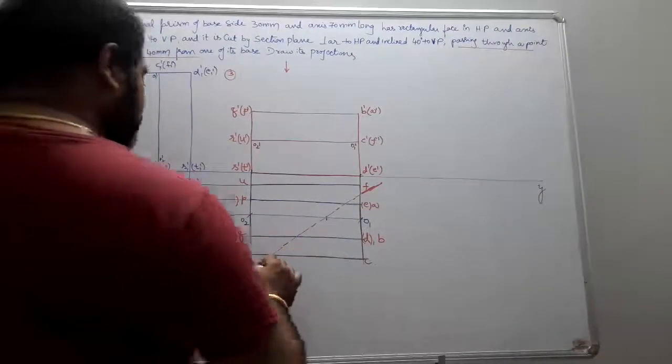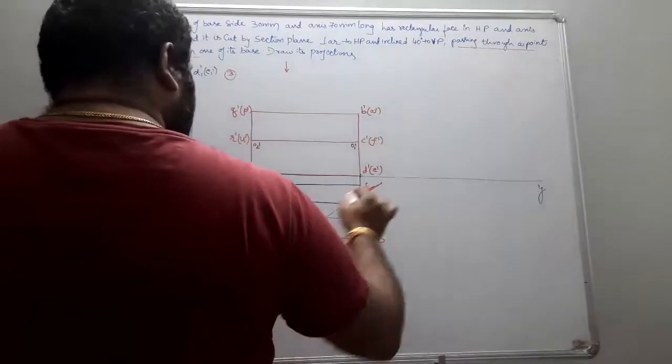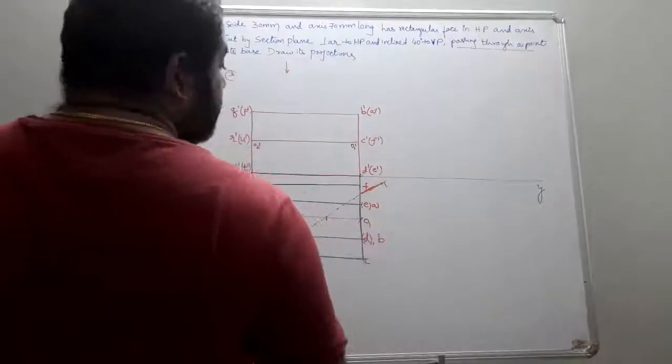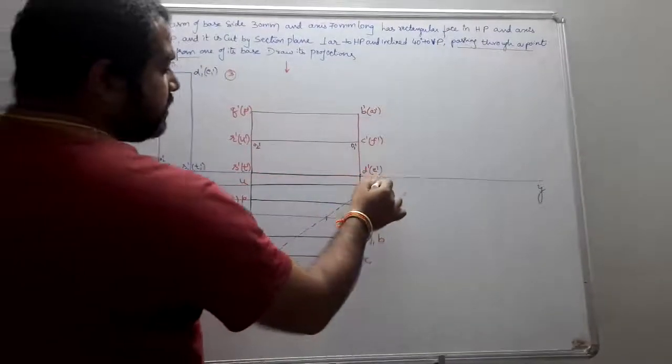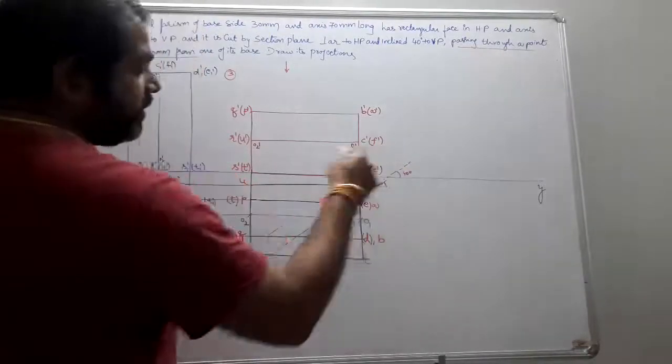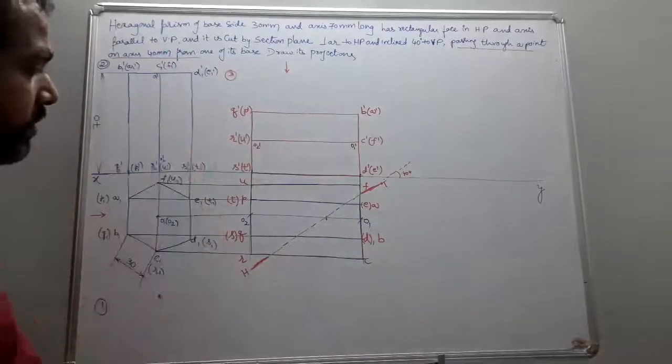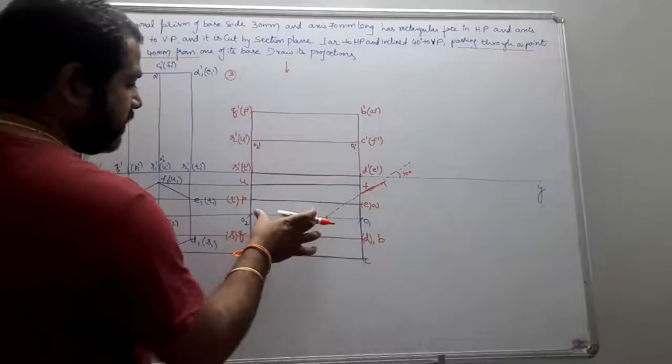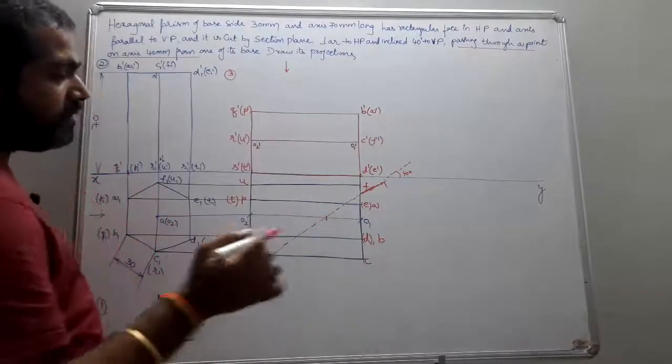So this I just represent as HT. This inclination, for your reference, is 40 degrees to VP. So this distance from the base, from here to here, is 40.